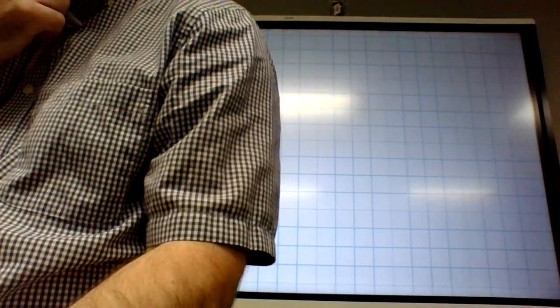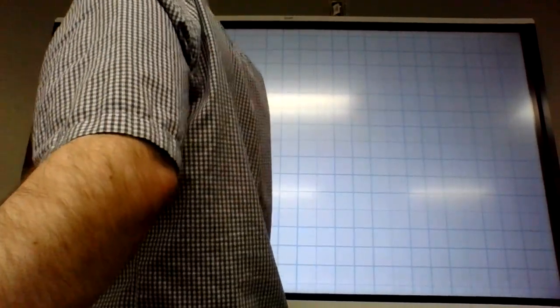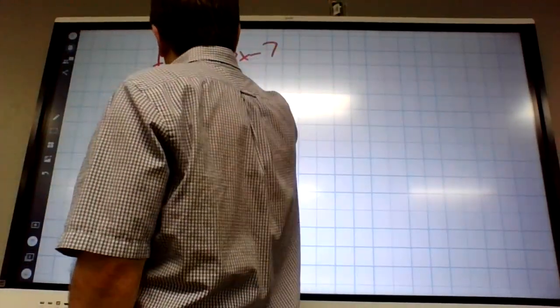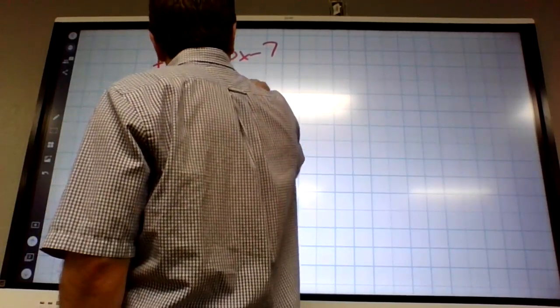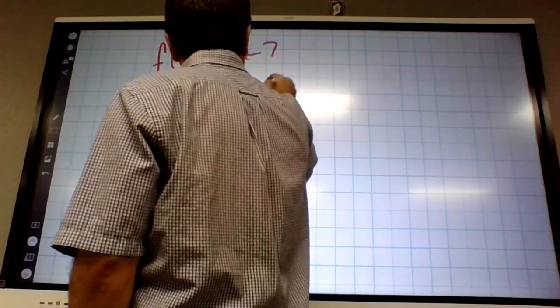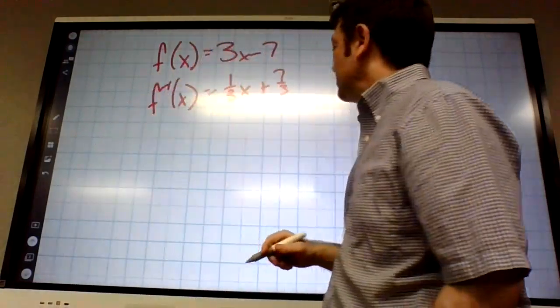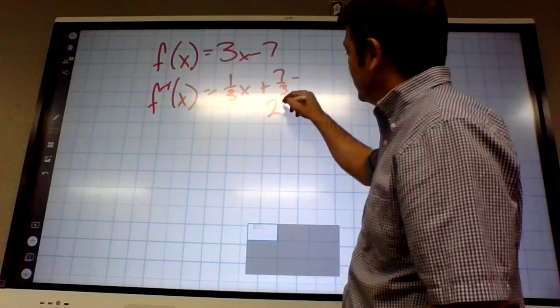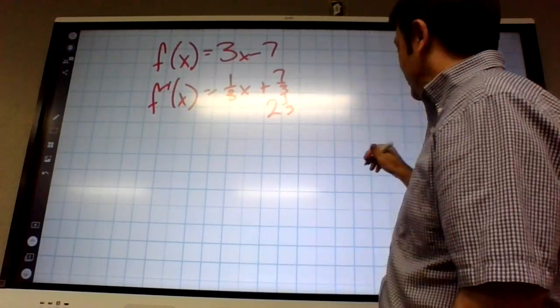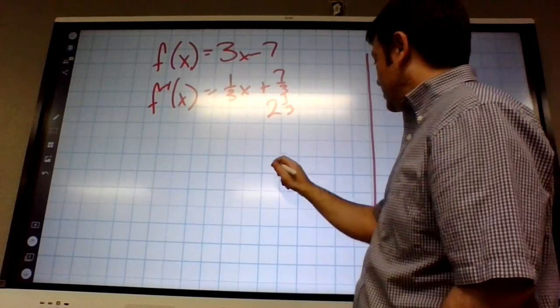I kind of forgot what I was doing. 3x minus 7 was the original function. What was the inverse function again? Was it 1/3 x plus 7/3? Yep, which is 2 1/3, just so you know. Okay, so make our cross.